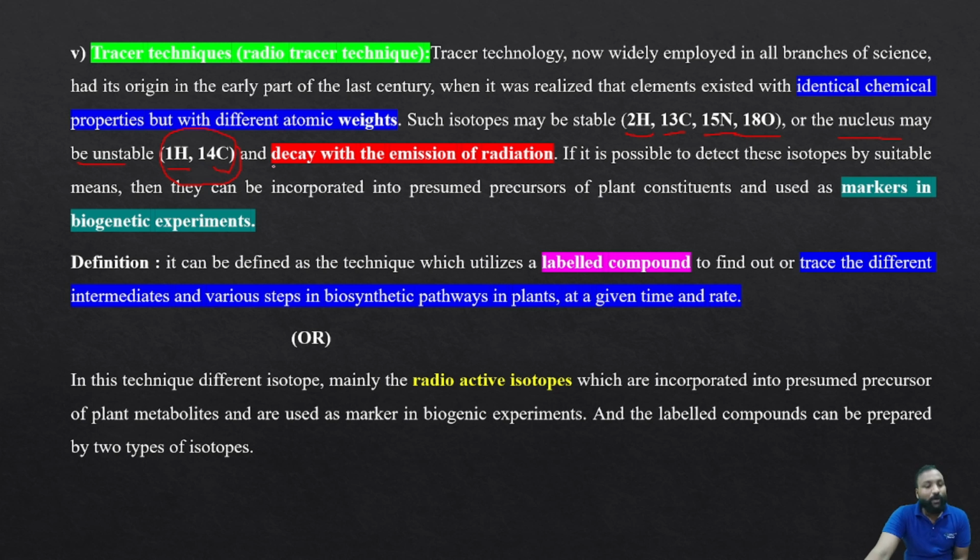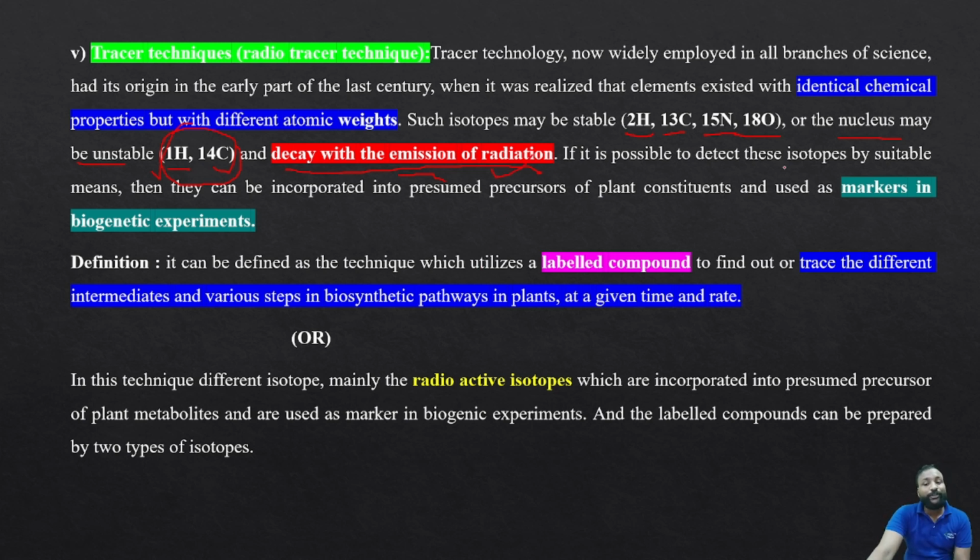Because of uneven molecular weight or other properties, they decay with emission of radiation, because they are unstable. The name itself says that they are unstable. Because of that instability, when we activate them, they emit radiation. So the property of a radioactive isotope is to emit radiation.